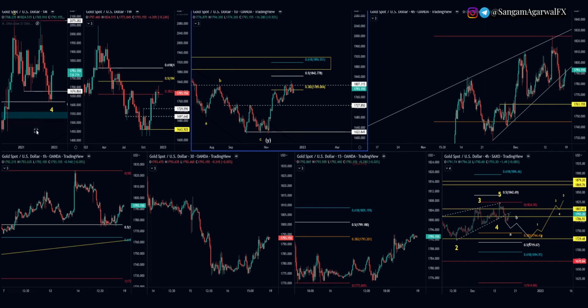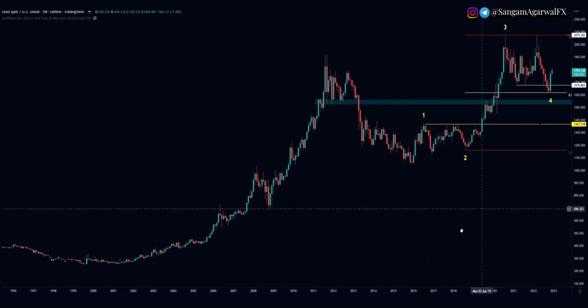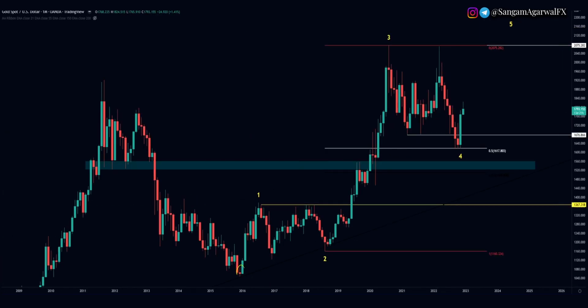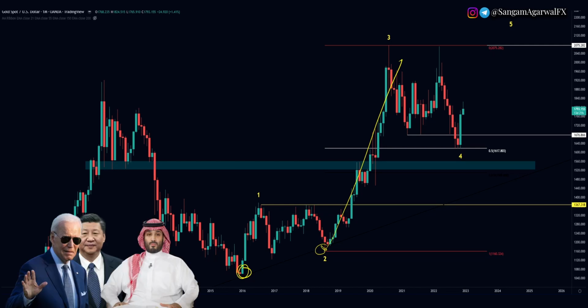And if we see monthly time frame, then from this bottom, when first rate hike came in December FOMC meeting 2015, and this was bottom before this bullish trend, and there was speculation that globalization will end and trade war between China and America will spread to all countries in the world.